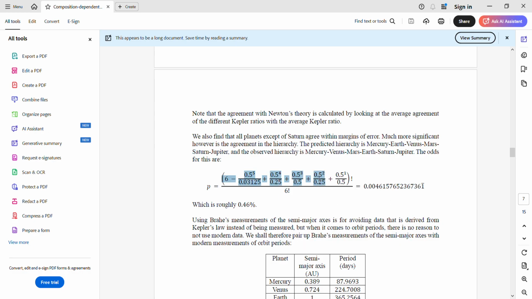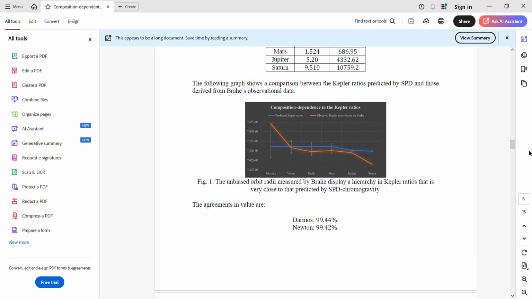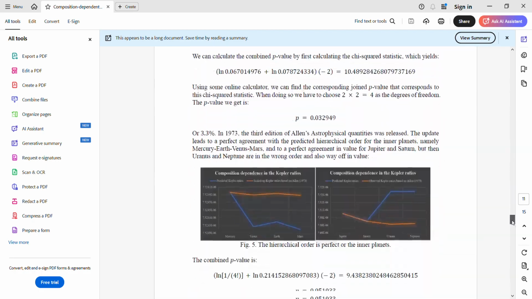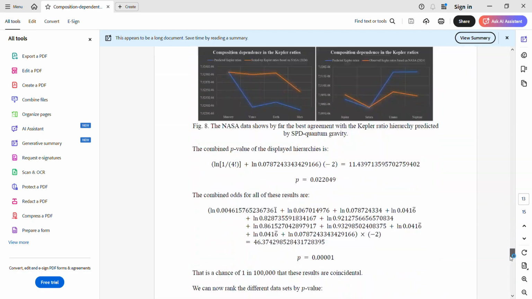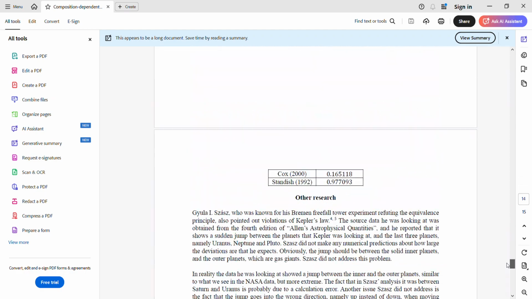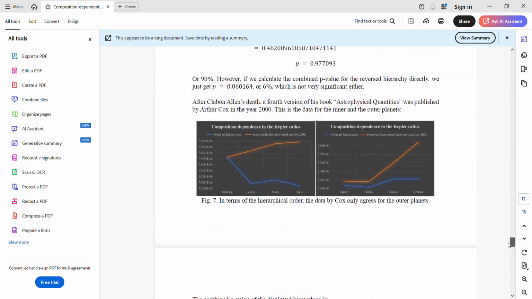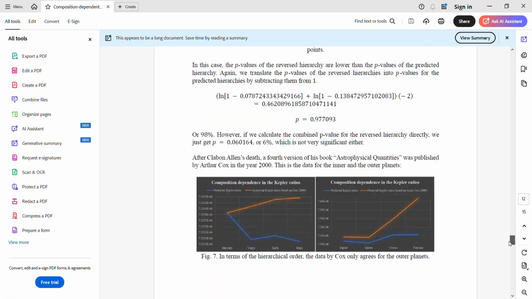If it's a perfect hierarchy, you have 1 over 6 factorial, because you have 6 planets here. Anyway, to this day, Kepler's data is still the best in terms of the displayed hierarchy.